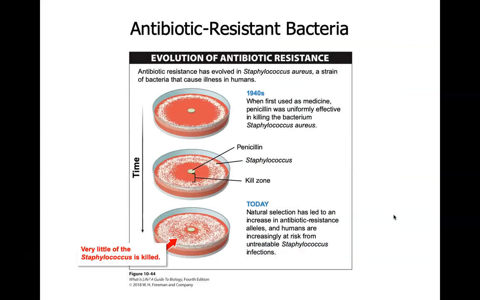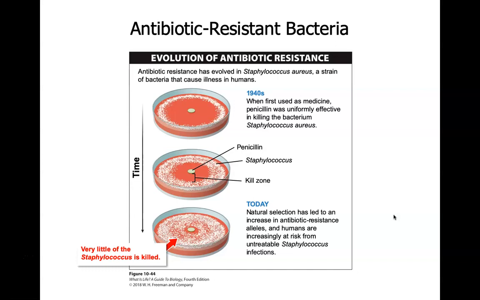I think the best evidence for supporting evolution is the idea of antibiotic resistance. In antibiotic resistance, you get the development of bacteria being able to withstand basically medicines that are used in hospitals.